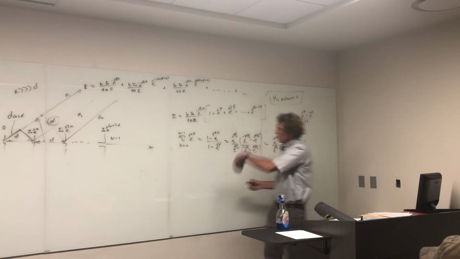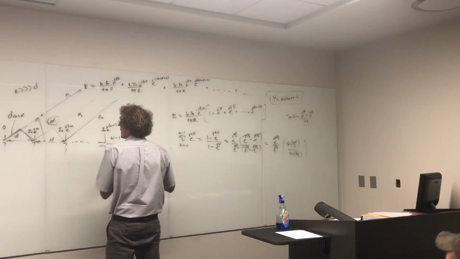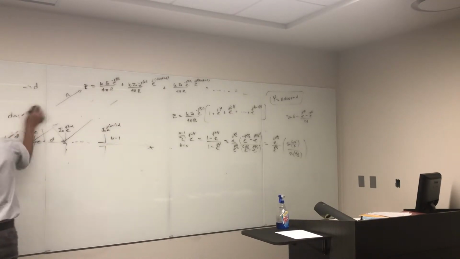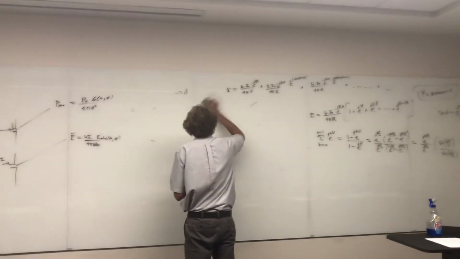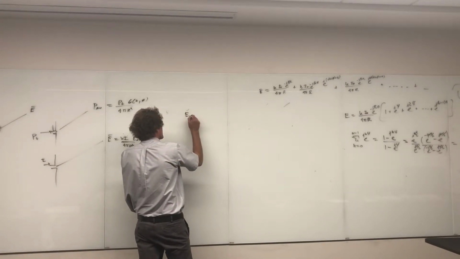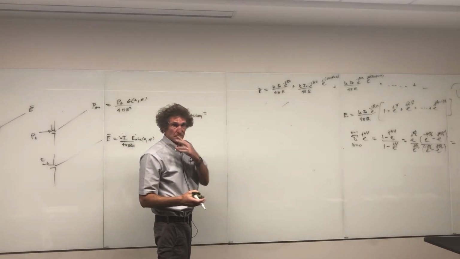Then I can write this whole thing, the E field from the array. Let me put it here. Then we'll talk about the review. E field from the array itself. Now, Wentworth does it with power. This is the E field.